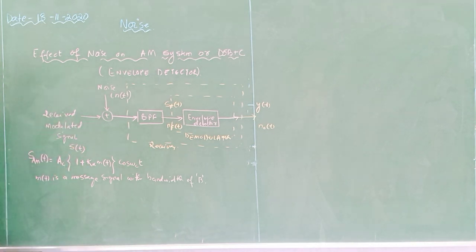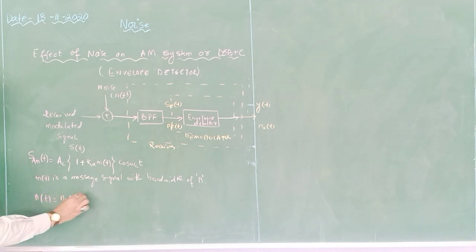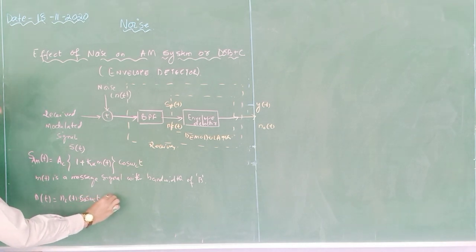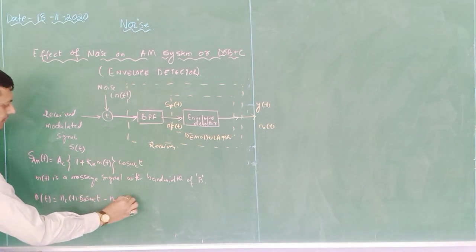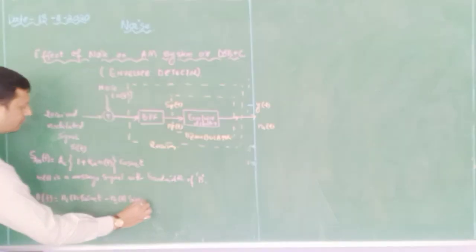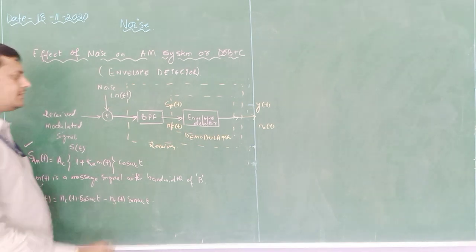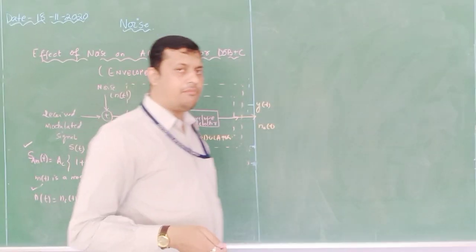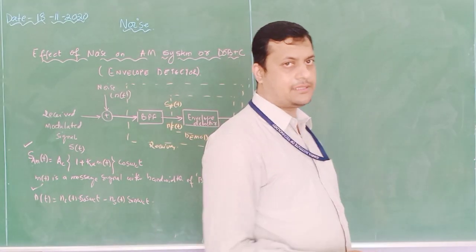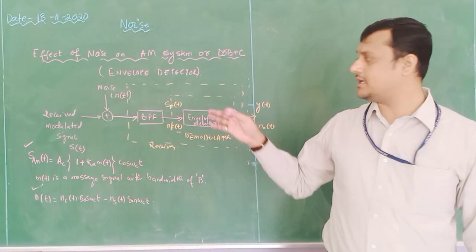Next, what is the noise component? The noise component, as we have written, is nc of t cos omega ct minus ns of t sin omega ct. So this is my signal, this is my noise component. Now these two components are entering the band pass filter before it enters the demodulator.